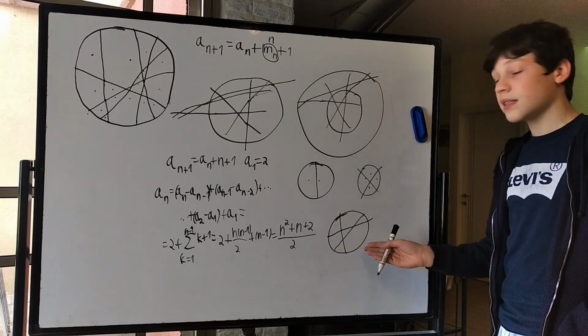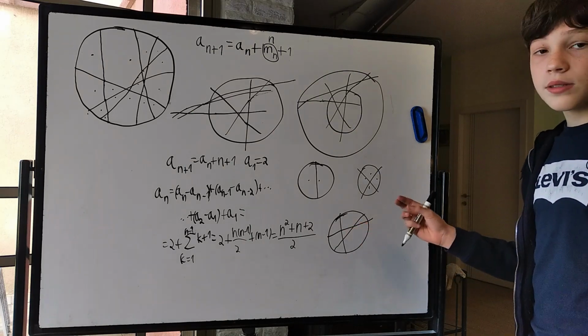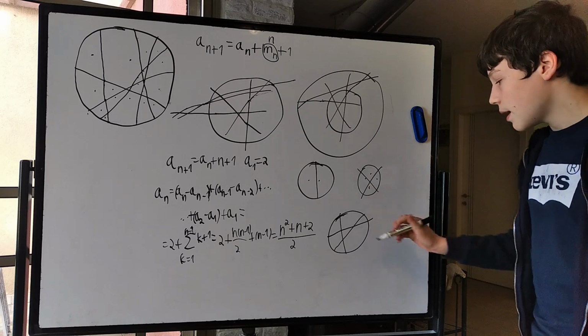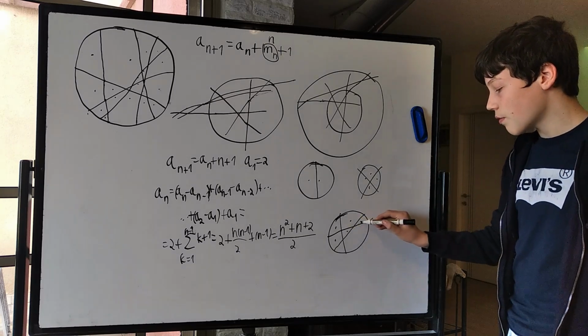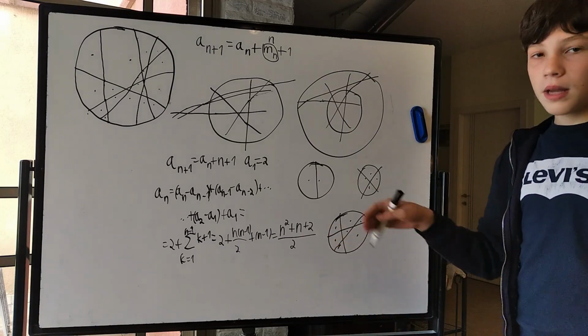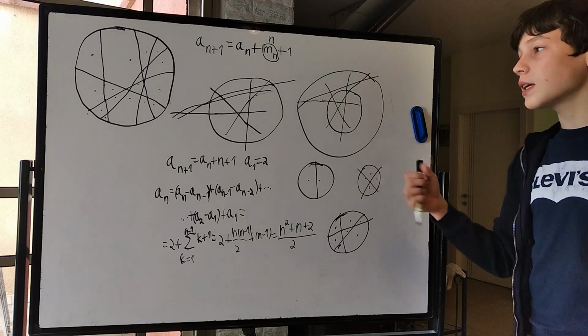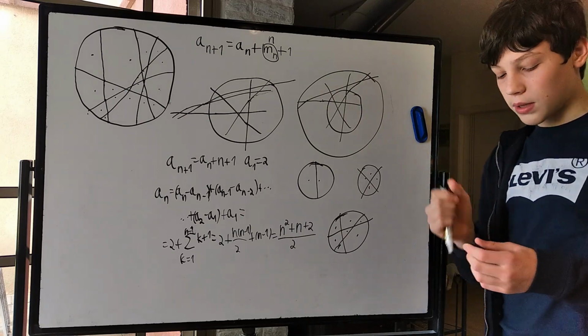And notice we can already see this is optimal because each 2 lines intersect inside the circle. And here we have 1, 2, 3, 4, 5, 6, 7 regions. And if we plug in the formula, 9 plus 3 plus 2 over 2 is indeed 7. And you can keep checking and you'll see that this formula still holds.